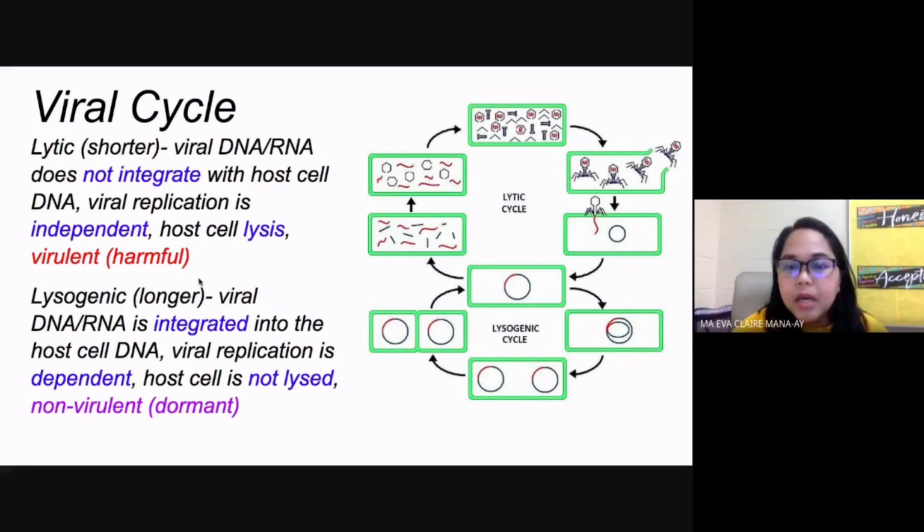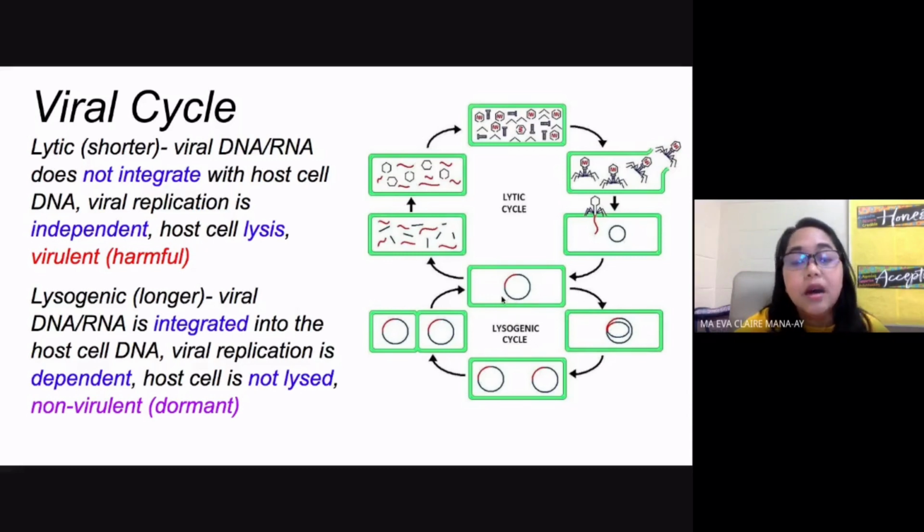So that means if you see the black part here as the host cell's DNA, the red part here is your virus's DNA or RNA.